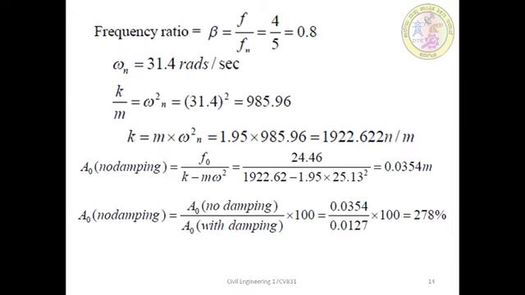The earlier problem also gave the resonant amplitude, and multiplying the ratio by 100 gives 278. So under the no damping case the displacement or amplitude is going to increase by 278 percent. This is all about the example on resonance under the two cases of no damping and damping.